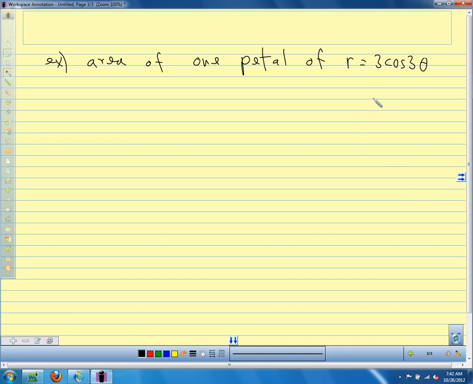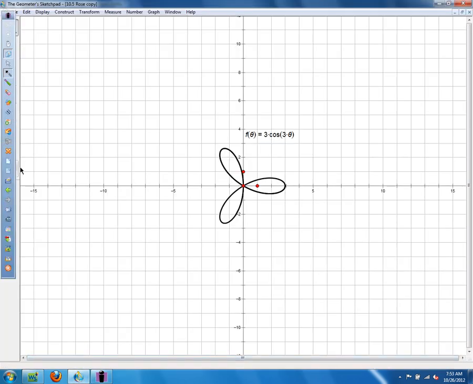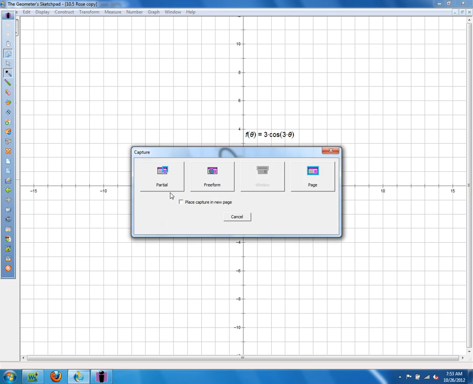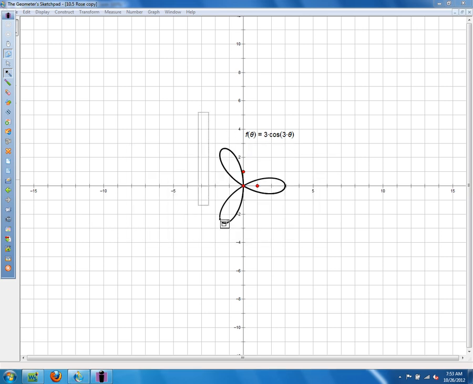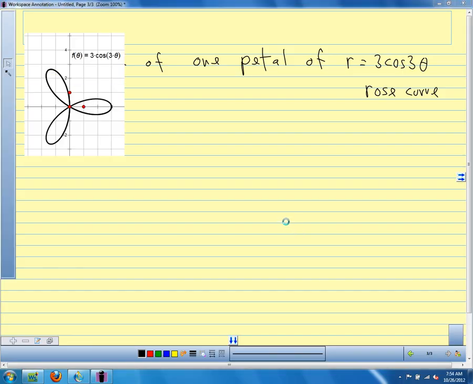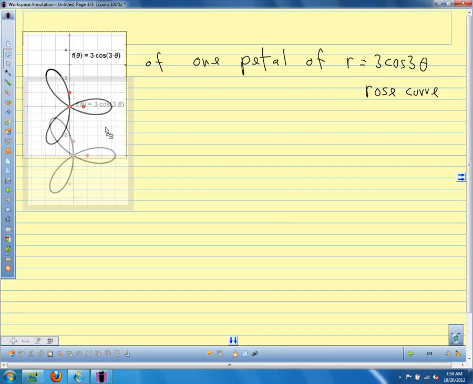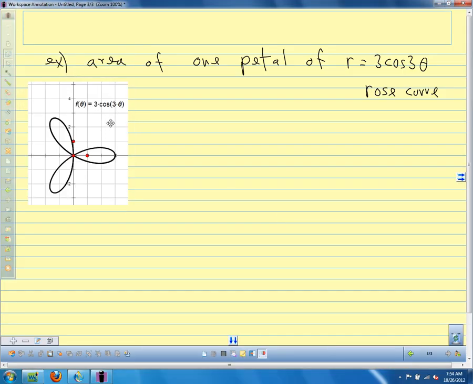So this gives us a rose curve. And I have a nice sketch of it here. Let me grab that. So there's our graph. Nice rose curve.